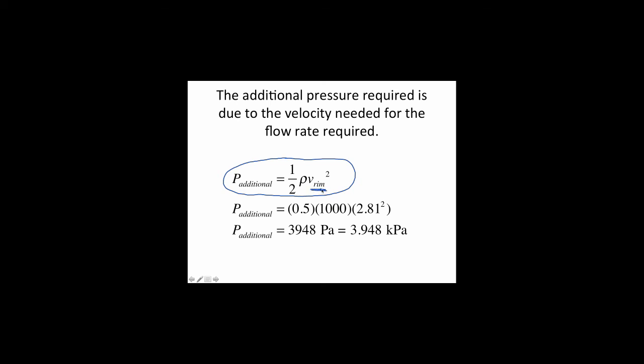So we found the velocity before. That would be 1/2 rho v squared, or 0.5 times 1,000 times 2.81 squared. And I get 3,948 pascals, which is equal to 3.948 kilopascals.